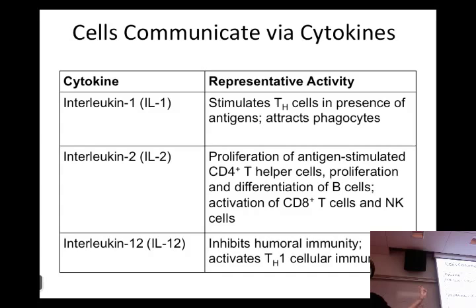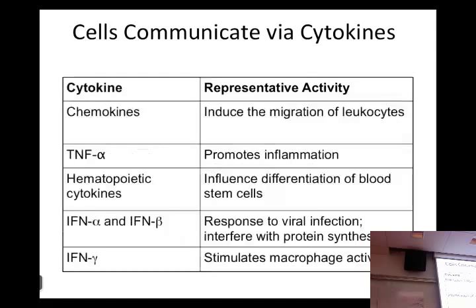They're not T helper cells, but cytotoxic T cells. And interleukin-2 is important in activating natural killer cells. We also have interleukin-12 that is important in activating one of the subtypes of T helper cells. And a variety of other ones.